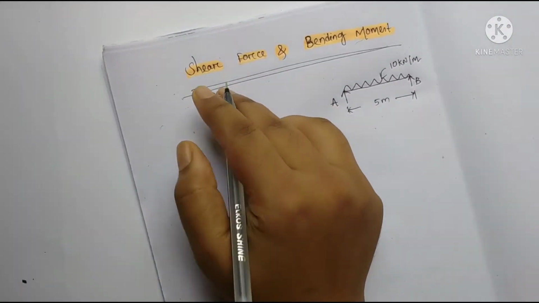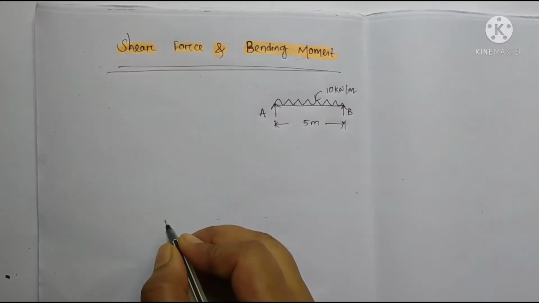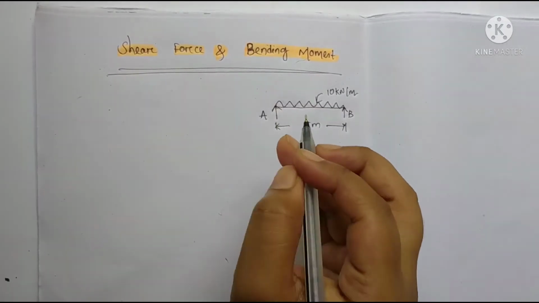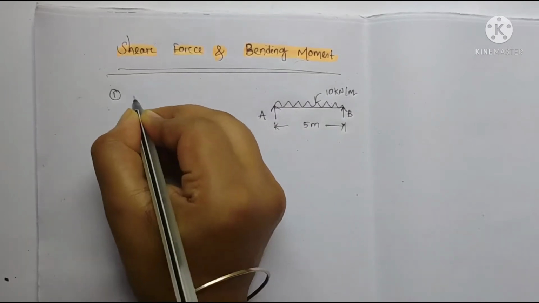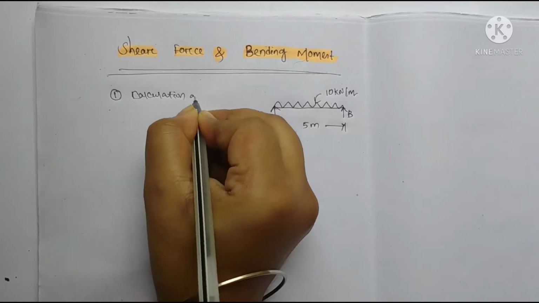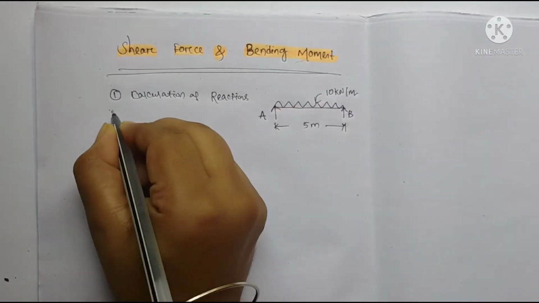Before calculating shear force and bending moment, there are four steps. First step is calculation of reactions.